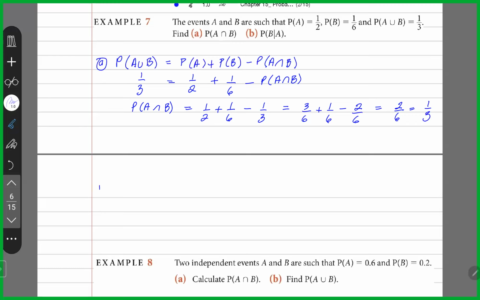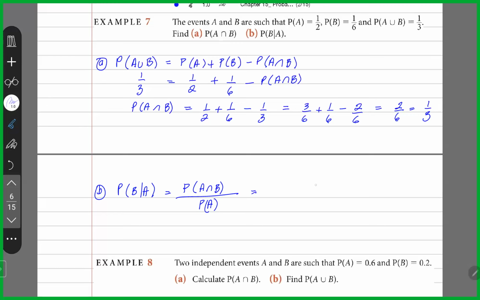Now, part B, we're asked the probability of B condition A, which is equal to the probability of what? A intersect B over the probability of A. I think that's it. The probability of B condition A is the probability of B occurring given that A has already occurred.